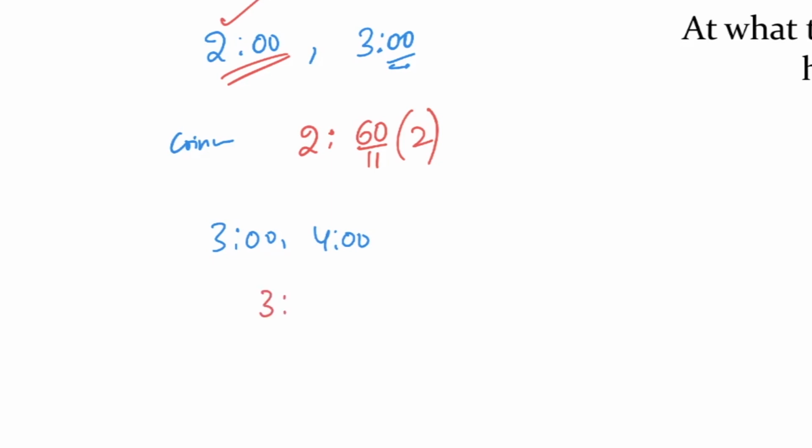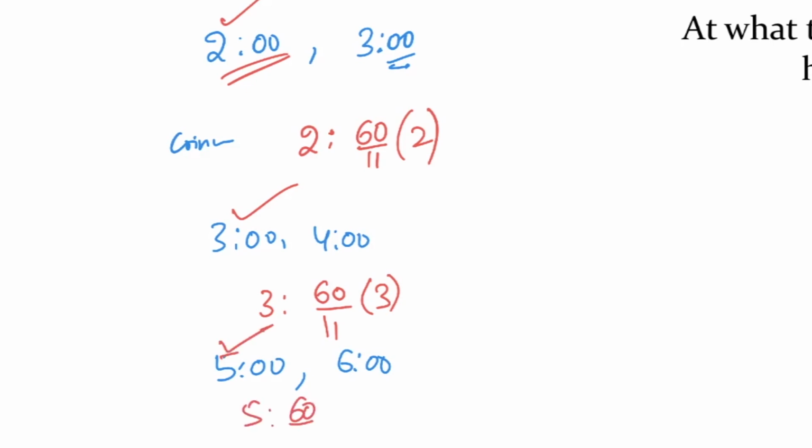After 3 o'clock, do this: 60 by 11 into 3. If the requirement is in between 5 o'clock and 6 o'clock, coincidence happens when? After 5 o'clock, 60 by 11 into 5. By multiplying completed hours with 60 by 11, you can find the number of minutes at which both the hands coincide.